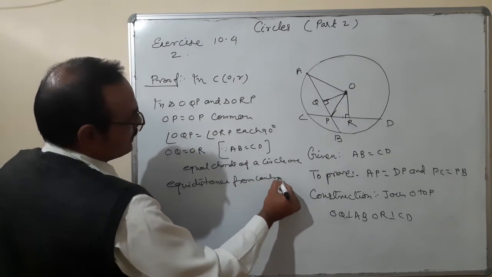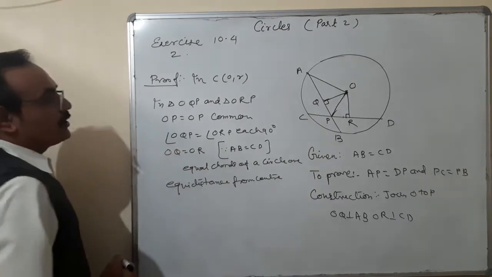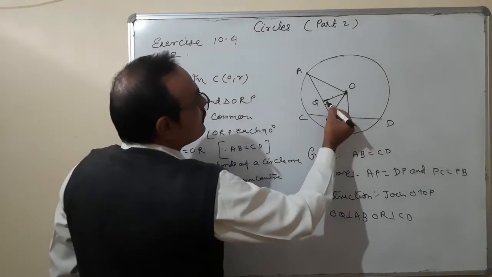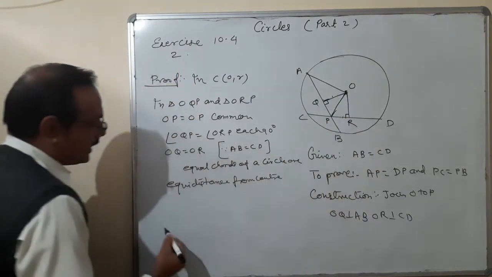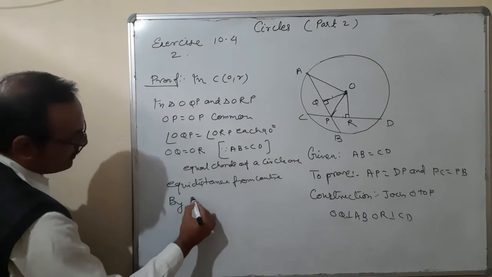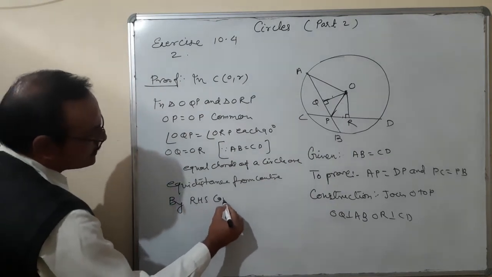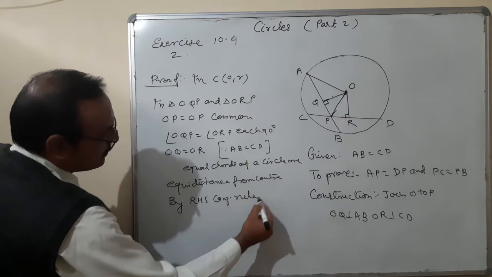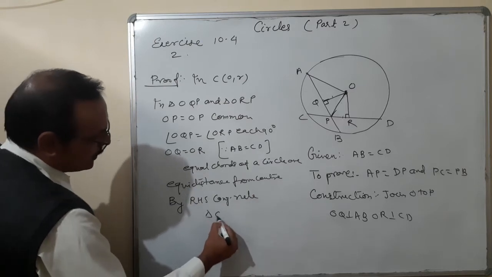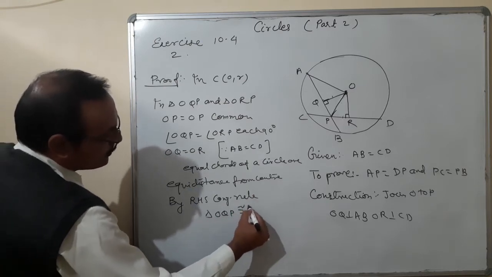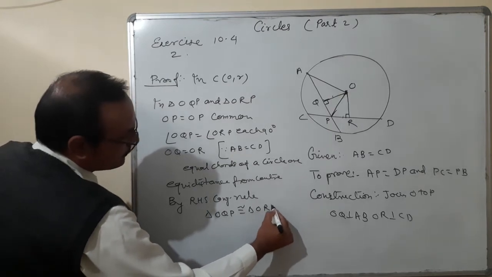Okay. So now what happens? 90 degrees, one common, one equal. So by RHS congruency rule, triangle OQP is congruent to triangle ORP.